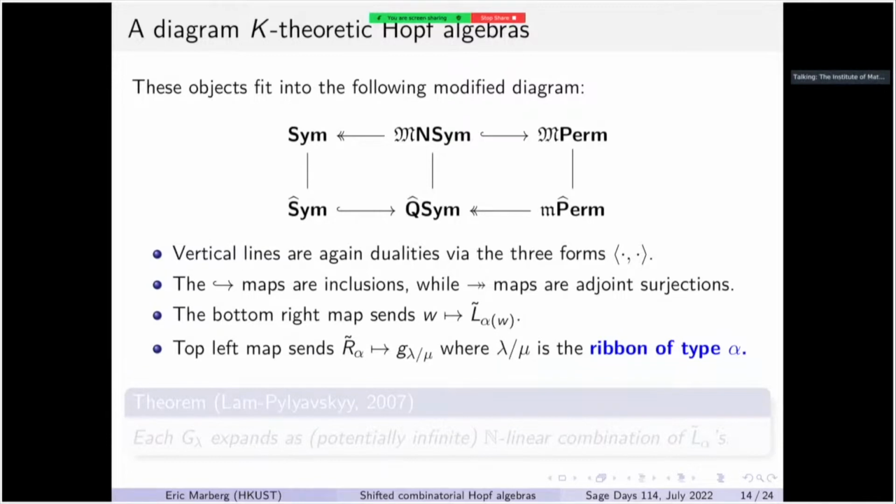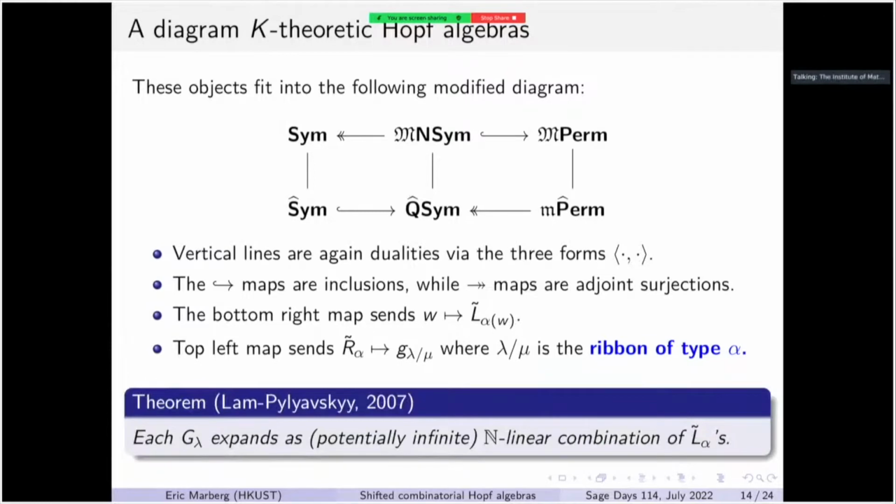And the way these maps work is quite similar to the classical case, where the bottom right map sends a multi-permutation to this quasi-symmetric function. I guess there should be double brackets around this w. And then this top left map sends R alpha to a certain dual stable Grothendieck polynomial G lambda mu, where this is the ribbon of type alpha, and I haven't defined what this is yet, but that will be on the next slide.